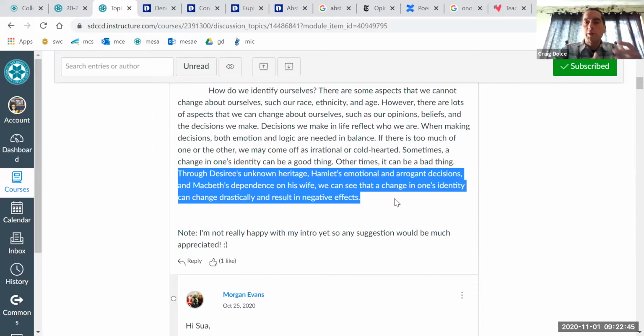Just kind of go a little bit beyond in that sentence, but it's a great start. This is awesome. So again, maybe just add and result in negative effects when critical thinking strategies are not followed, when philosophical counseling is not applied, things like that. But this is an awesome start. Great job.